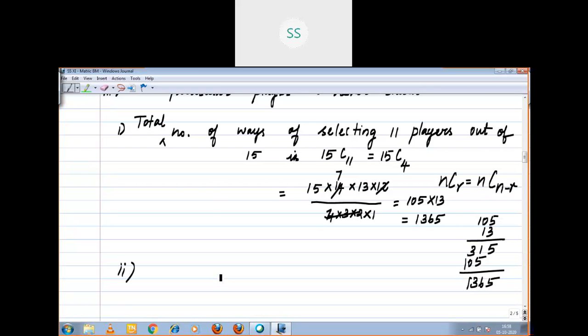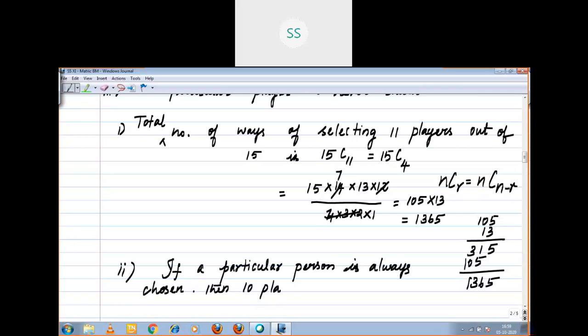Now, second subdivision. They said a particular player is always chosen. A particular player is always chosen means we need only 11 players. One player already is selected. Remaining how many players are there? 14 players. From the 14, how many you want to select? 10. Right. If a particular person is always chosen, then we need only 10 players.